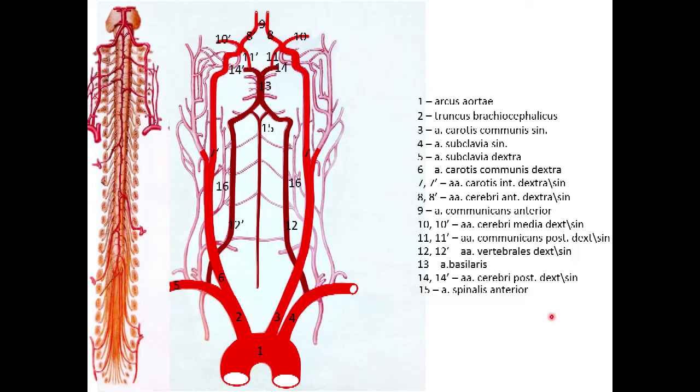So it was a scheme, and now we can demonstrate on the spinal cord these arteria spinalis anterior, right and left, which contact each other in the middle spinal groove and supply the medulla spinalis with arterial blood from the anterior side.